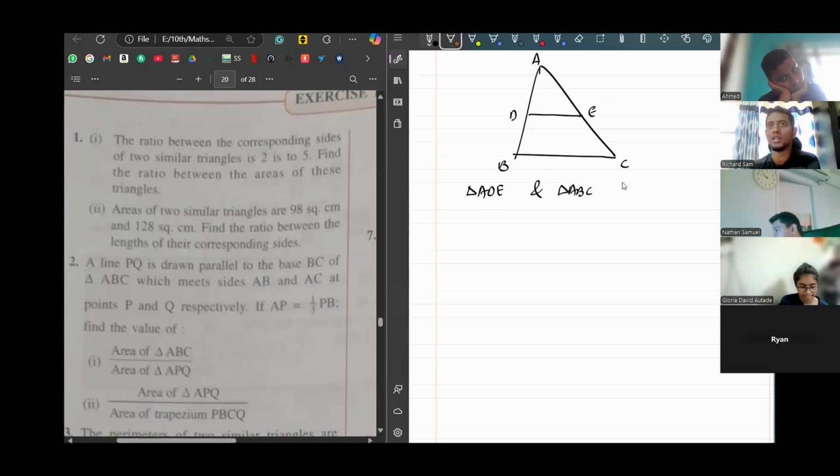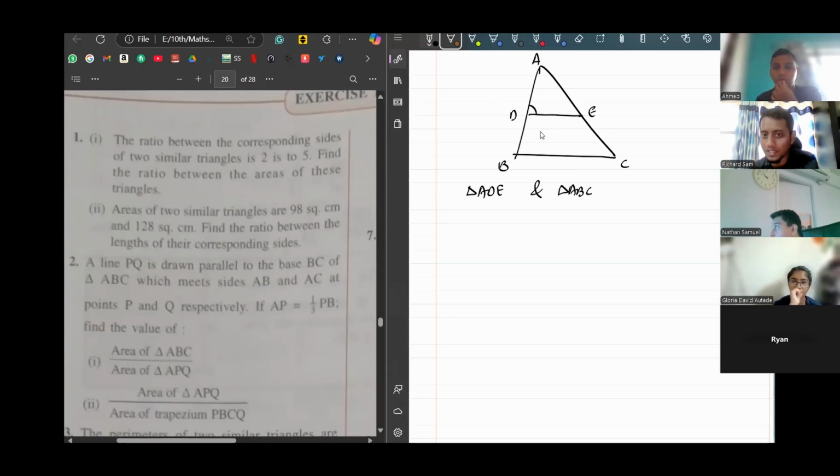Now, first of all, are these two triangles similar? Yes. Whenever you have a line parallel to one of the sides, the triangles will automatically become similar. Automatically means using one of the theorems. Which postulates of similarity can we use to find out that they are similar?